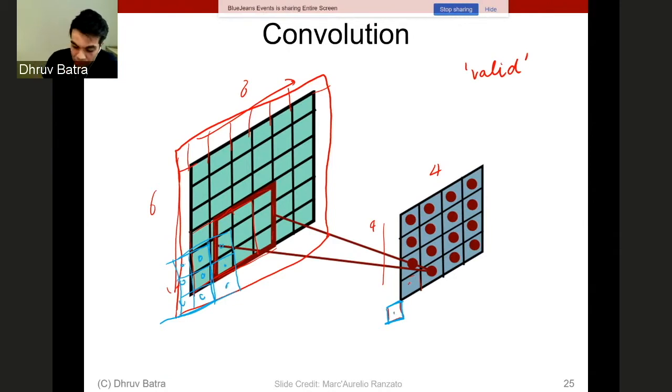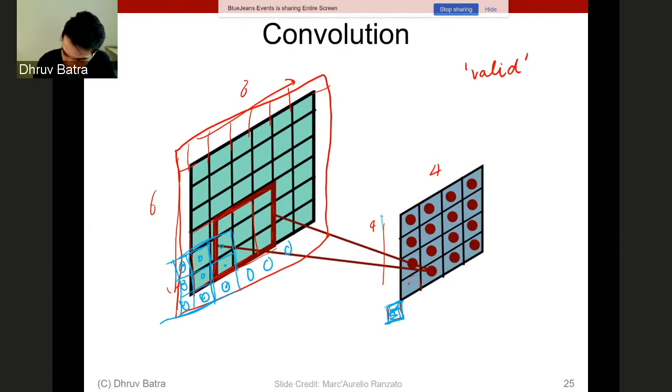And the way you would allow this placement is by padding all around by zeros. So you would at least be able to define this dot product operation. The filter values would multiply 0 here, so they would contribute nothing. And so only these pixels would contribute into the convolution output here.